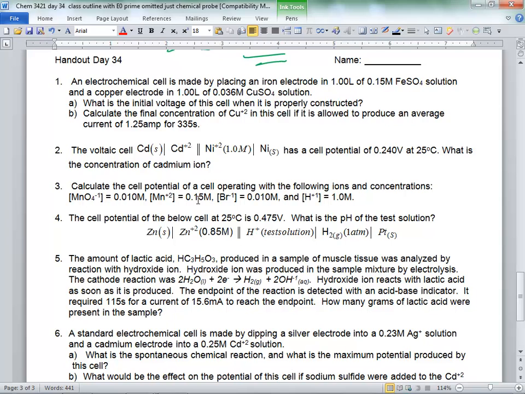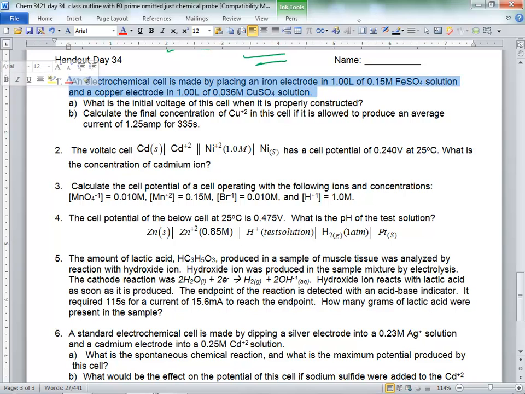Okay. How do you handle something like number 1? Any thoughts?